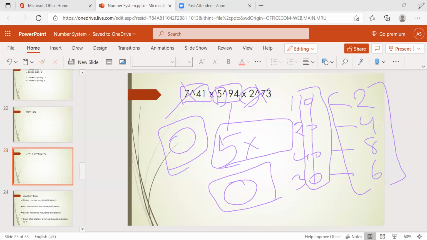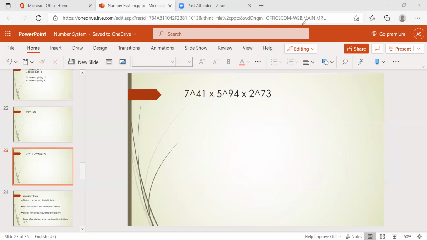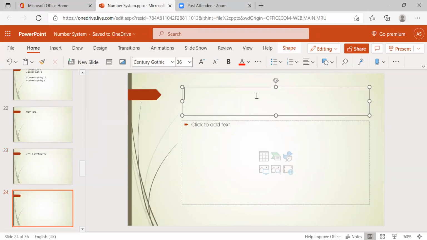Now, one more problem. Check this one more problem. So 8 power 82 minus 3 power 57.